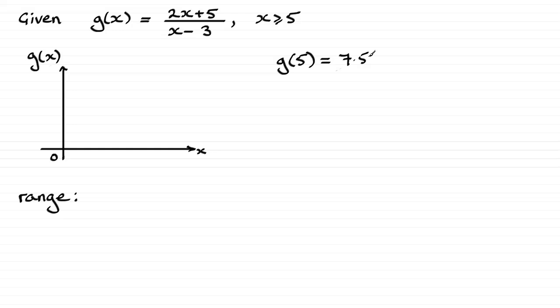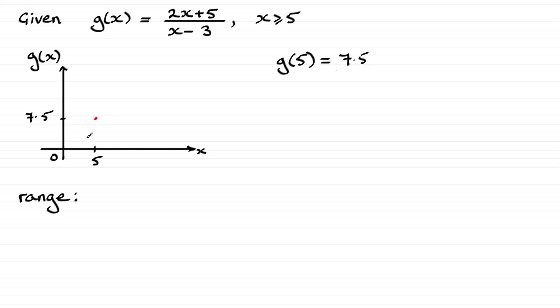So we've got our starting value. If I take this point here as being 5, and we've got 7.5, let's say it's about there-ish. Let's just mark that in as 7.5. It's not to scale, but just gives you an idea of the graph.